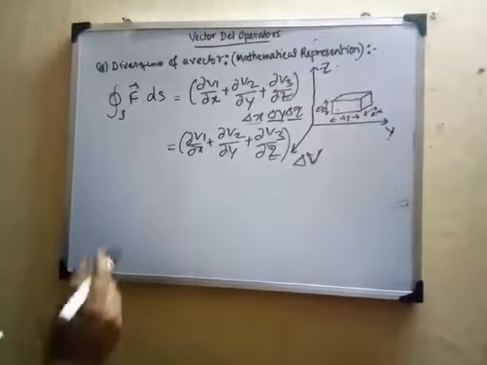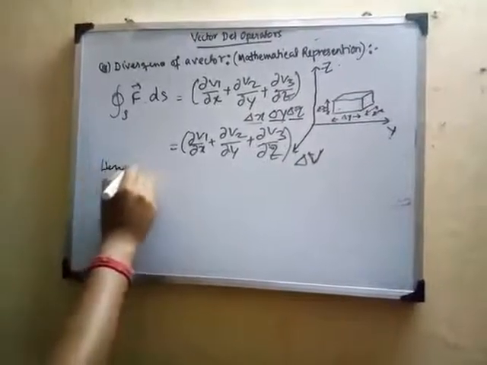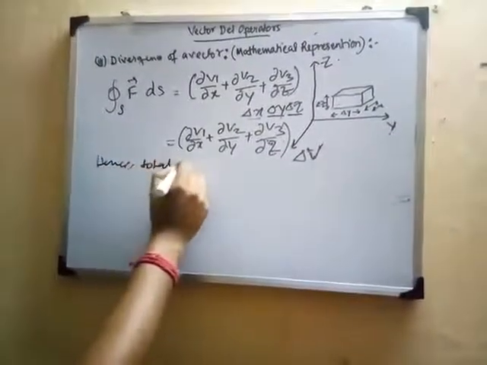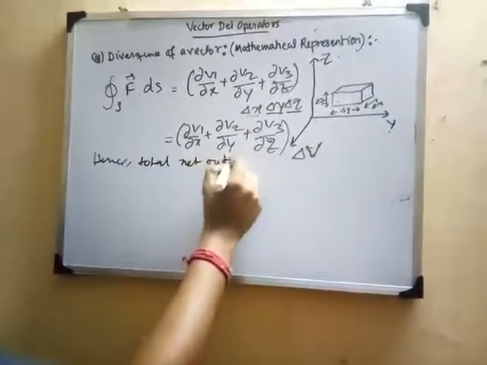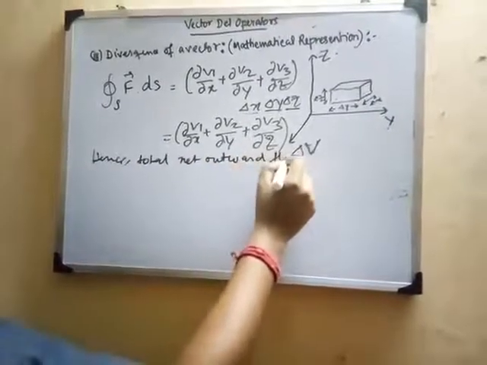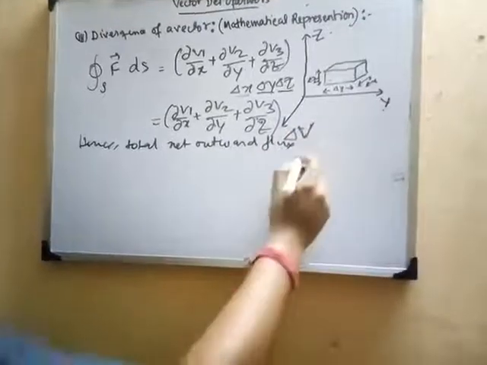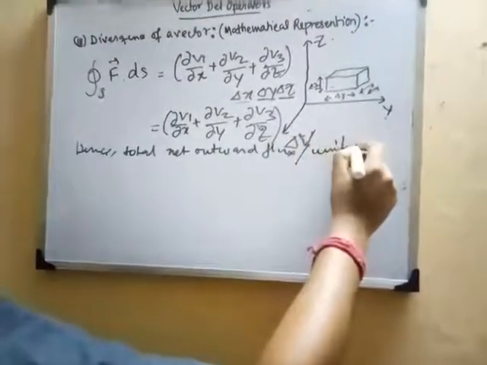So hence we can write the total net outward flux, or flow, per unit volume.